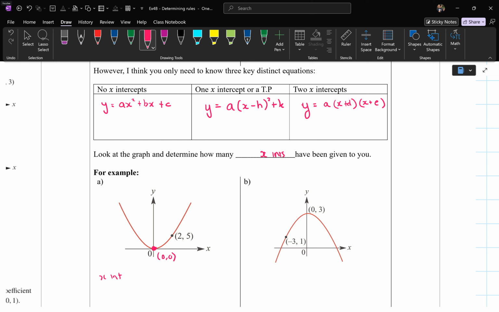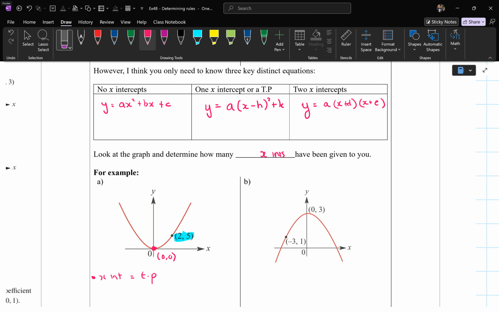There's a point at 2, 5. So they've given you a piece of information, but that doesn't tell me the turning point, and it doesn't tell me the x-intercept. That means just an extra xy coordinate. The other thing that we can take out is the x-intercept happens to also be the turning point.